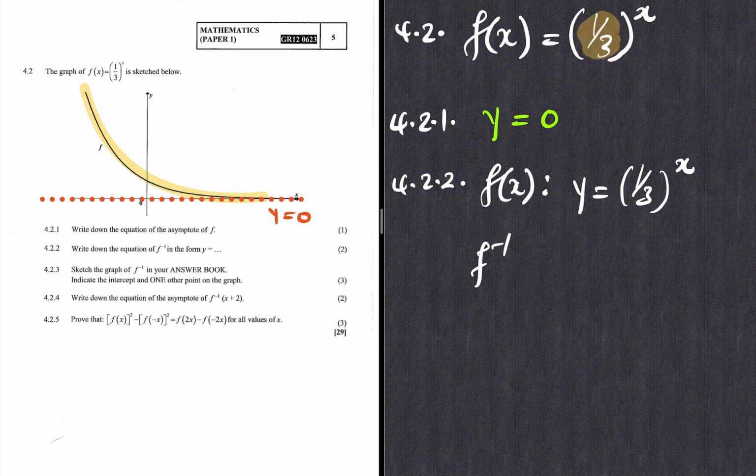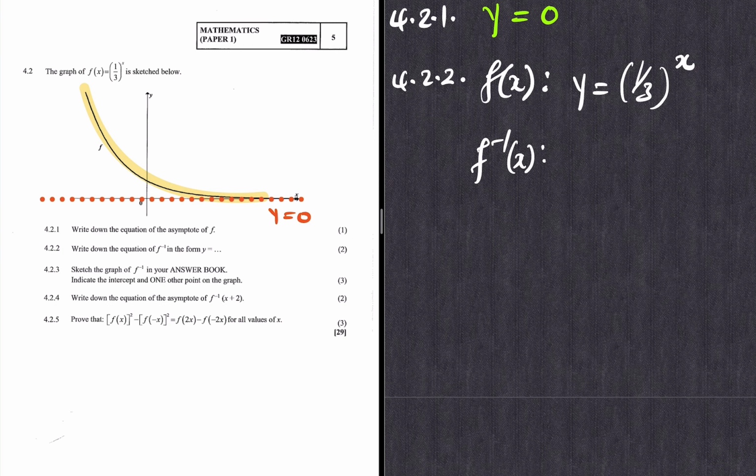And then the inverse of f, that's when you interchange the x and the y. Some books say that you use swap. So you interchange a y to be x and an x to be y. That means you're going to have x equals 1/3 raised to the power of y.